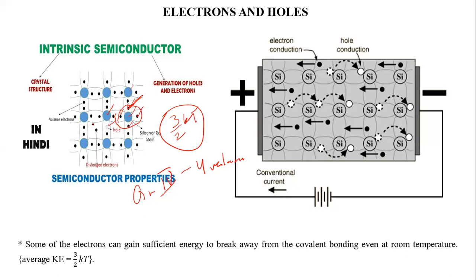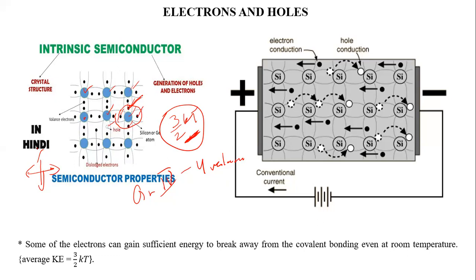Not all of them, not many of them, but because of the thermal vibration, because of this average kinetic energy, all these atoms cannot remain stationary. All these participating atoms will vibrate left, right, top, right, like that. They will vibrate randomly.